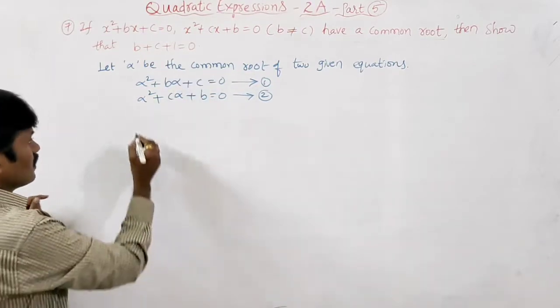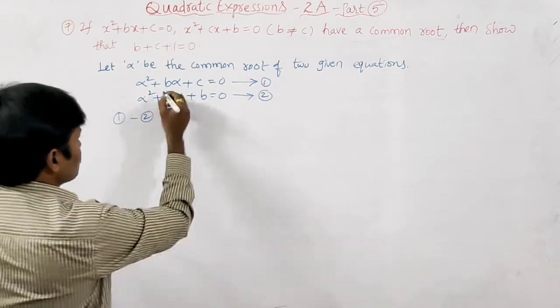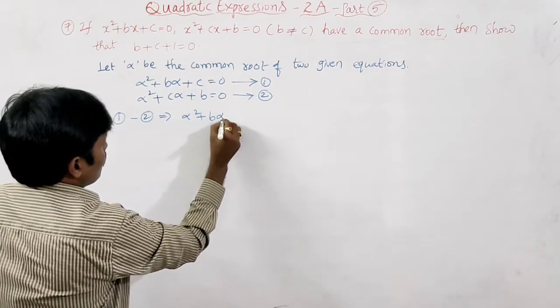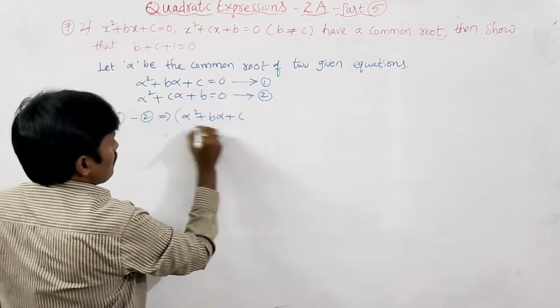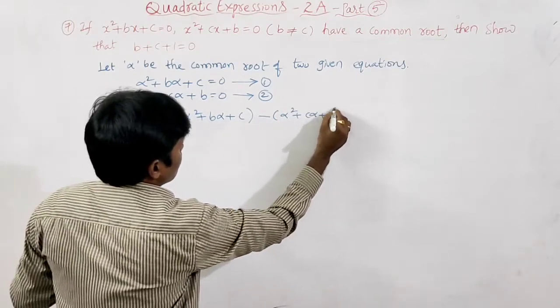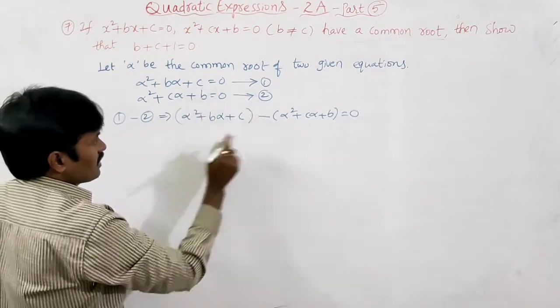That's it. For that I am doing 1 minus 2. I am subtracting these two, then it becomes alpha square plus b alpha plus c minus, alpha square plus c alpha plus b, is equal to 0. LHS minus LHS, RHS minus RHS.